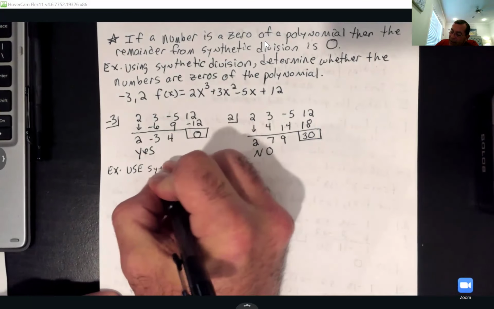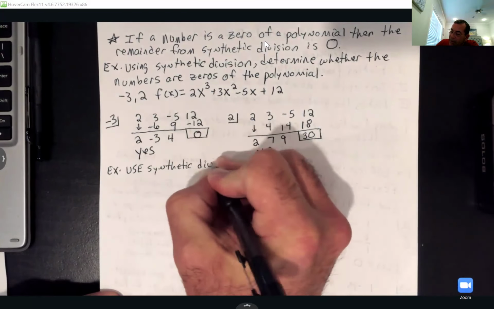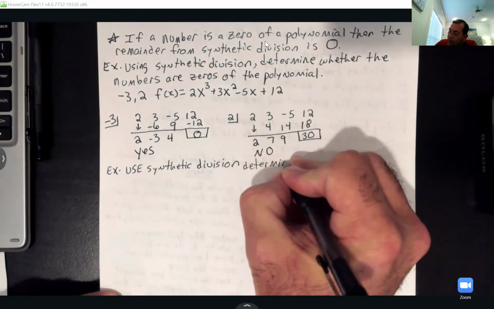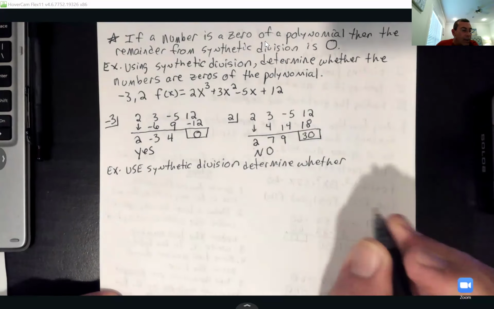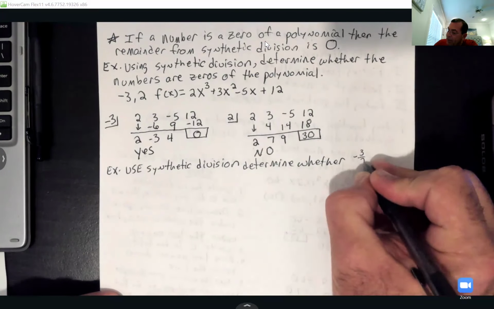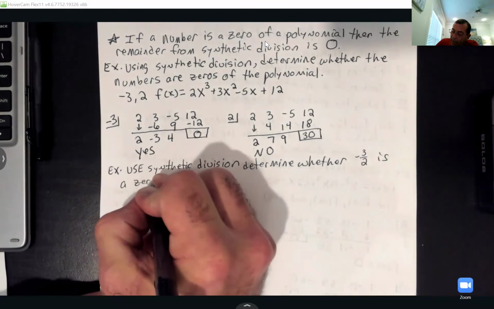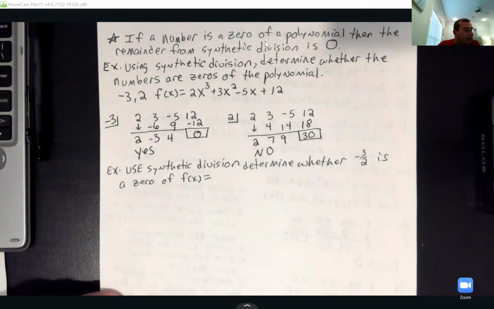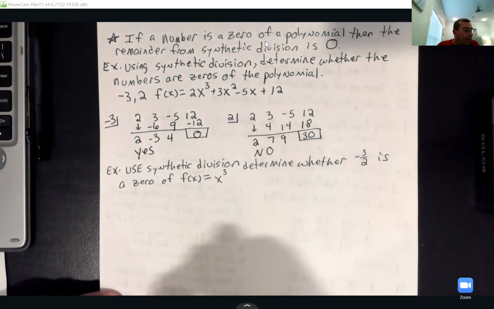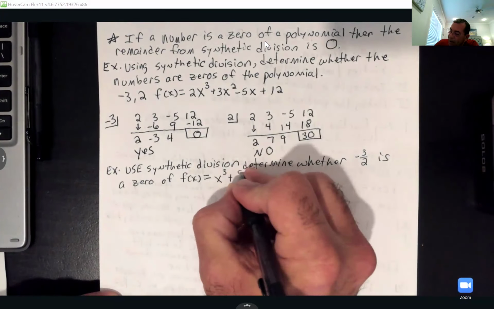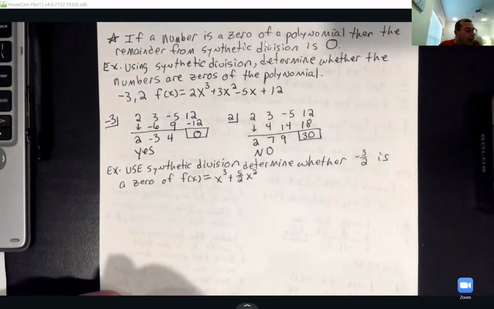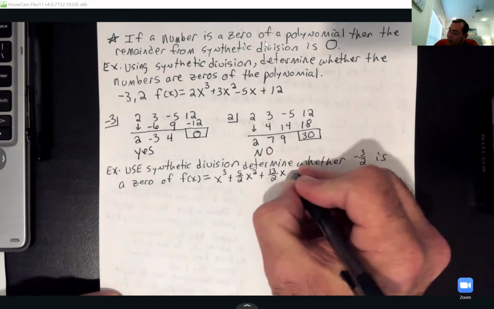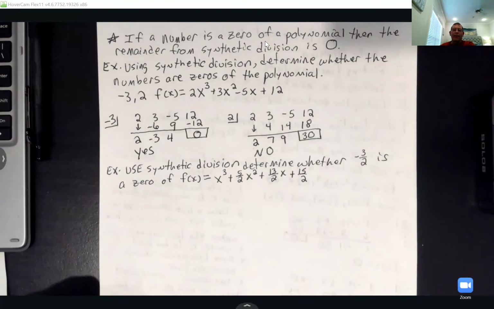So using synthetic division, determine whether -3/2 is a 0 of f of x equals x to the third plus 5/2 x squared plus 13/2 x plus 15/2.